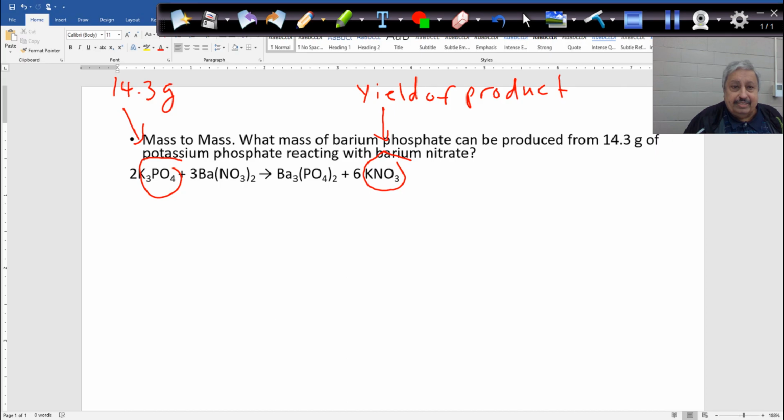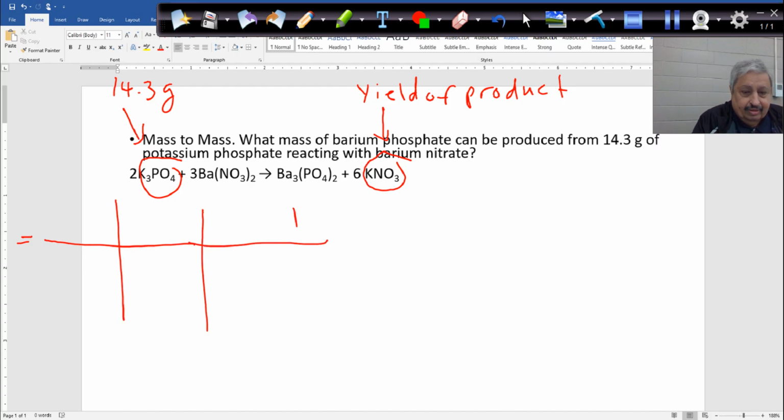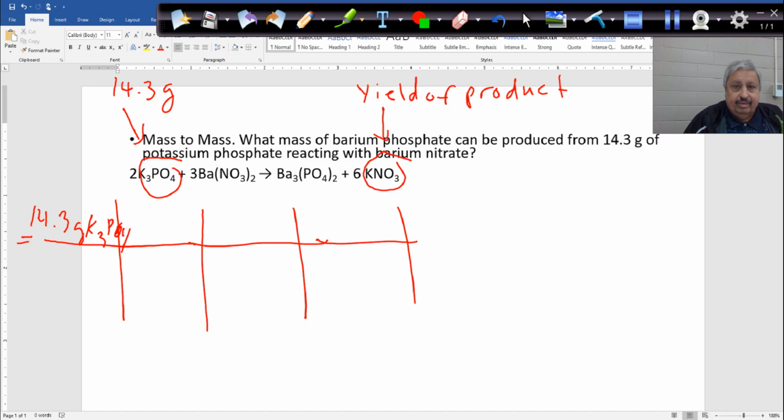There are parentheses or tables, so it's up to you, whatever you prefer. So here it is, I'll make a table. So I have 14.3 grams potassium phosphate. Maybe I have to make it much better here.